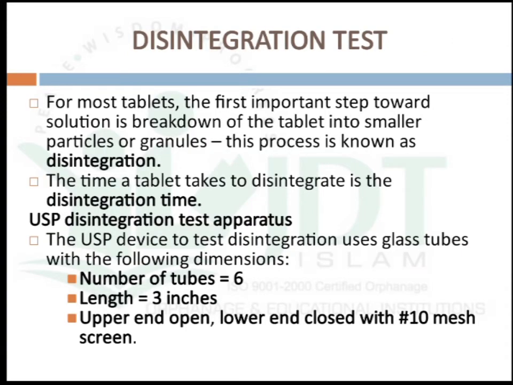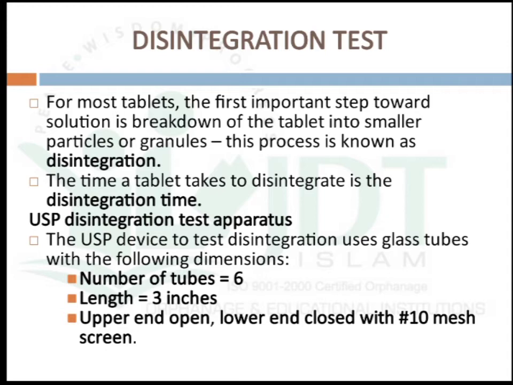Next test is disintegration test. For most tablets, the first important step toward solution is breakdown of the tablet into smaller particles or granules. This process is known as disintegration, and the time taken to disintegrate is known as disintegration time.